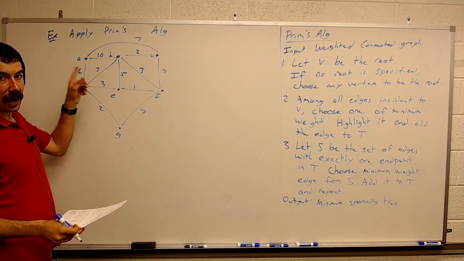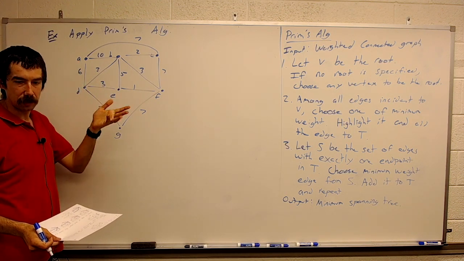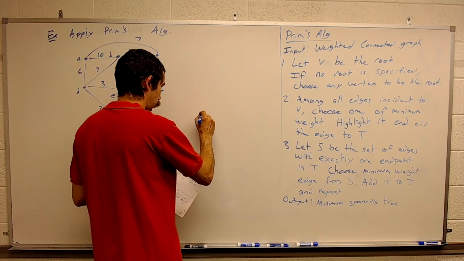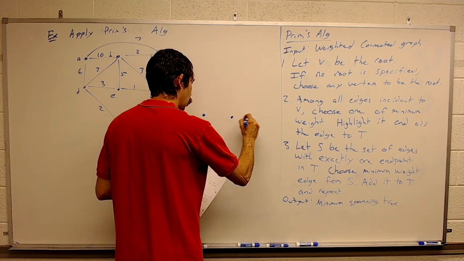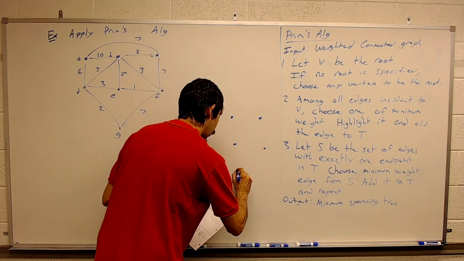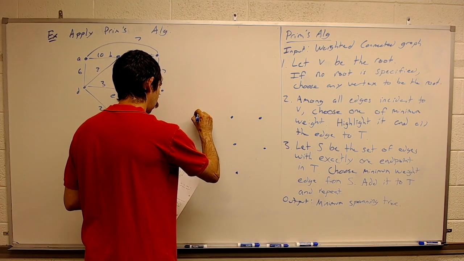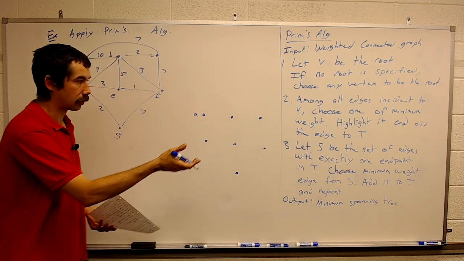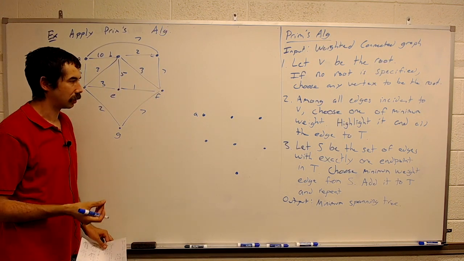Okay, and we're going to use A as our root because it comes first in the alphabet. We know our tree at the end is going to have all 7 vertices.